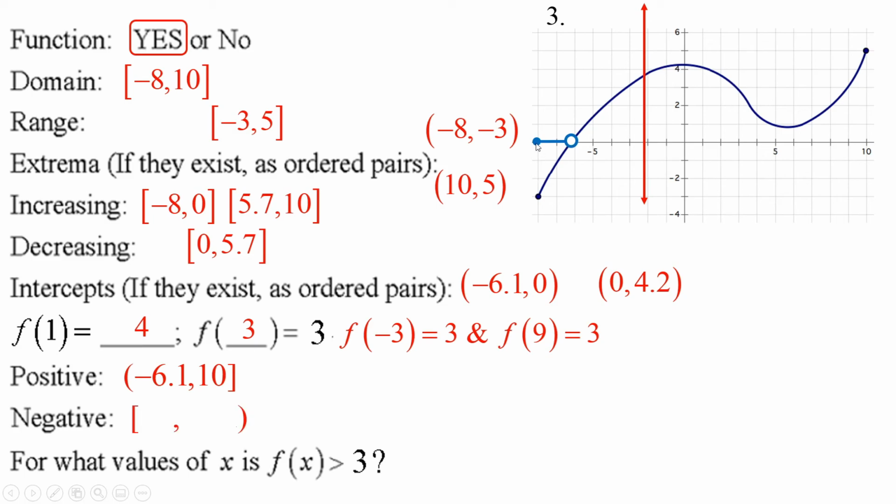And what's this x-coordinate there? Negative 8. And what's the x-coordinate at the open dot? I think we call that negative 6.1. So the graph is negative on the half open interval from negative 8 to negative 6.1, where x cannot equal that negative 6.1. Now, for what values of x is f of x greater than 3?